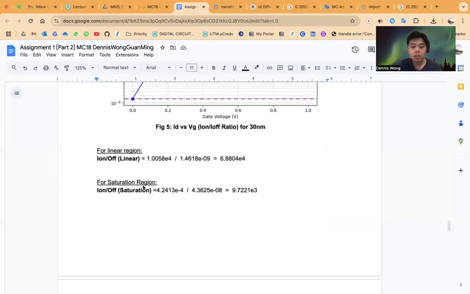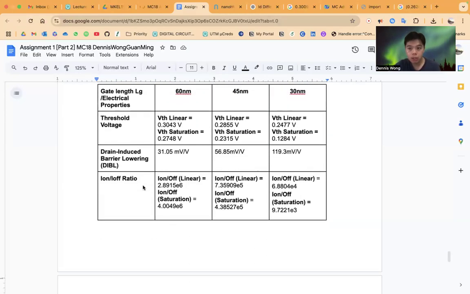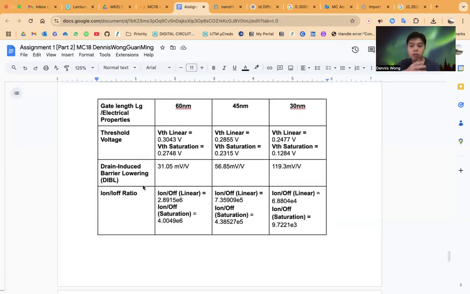For that, let us move on to the comparison table for all of the gate lengths for the FinFET. If we look at, for example, the threshold voltage, we can tell that as we decrease the gate length, the threshold voltage of all of the FinFETs decreases progressively.